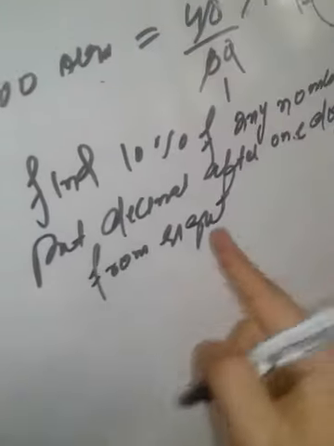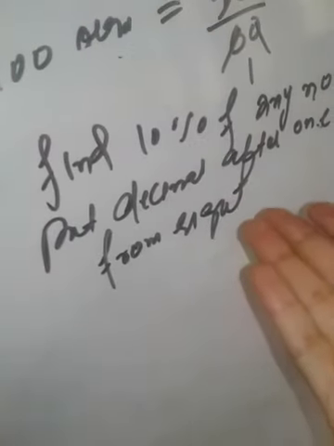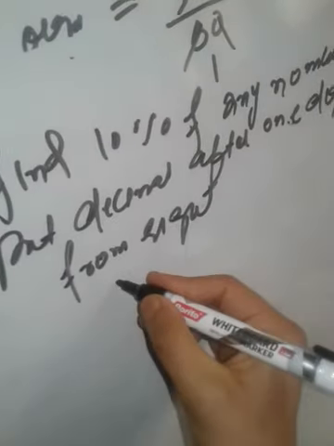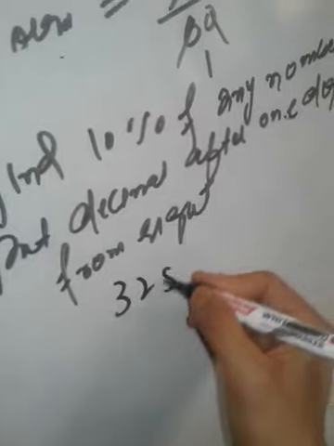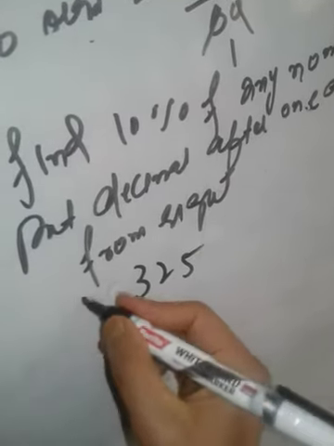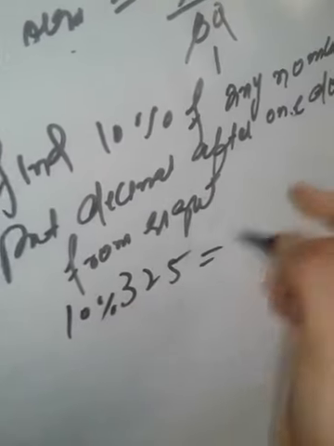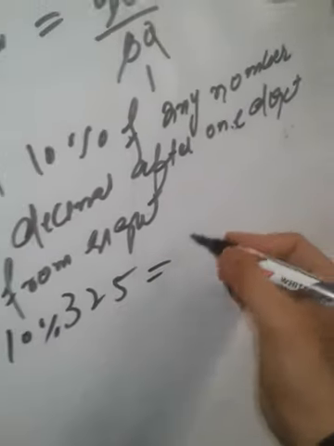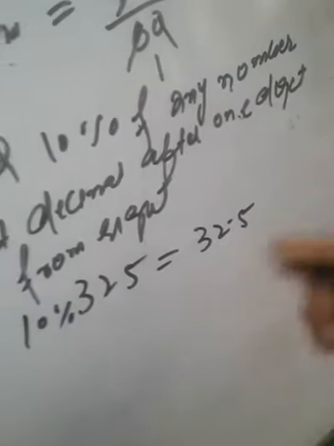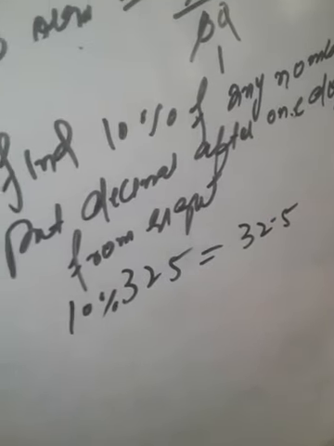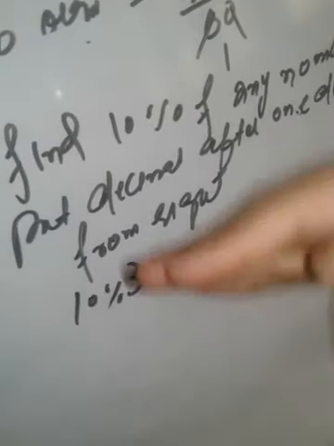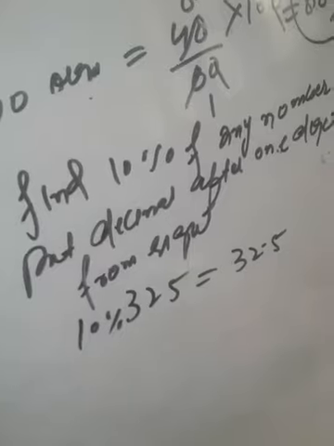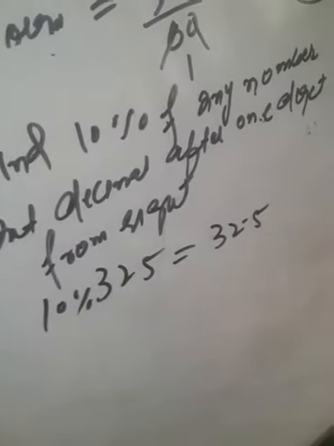Actually, it is obvious. For example, if you were asked to find 10% of 325, put the decimal from the right after one digit, it would be 32.5. 10% is always obvious in the given number. You need not calculate it.